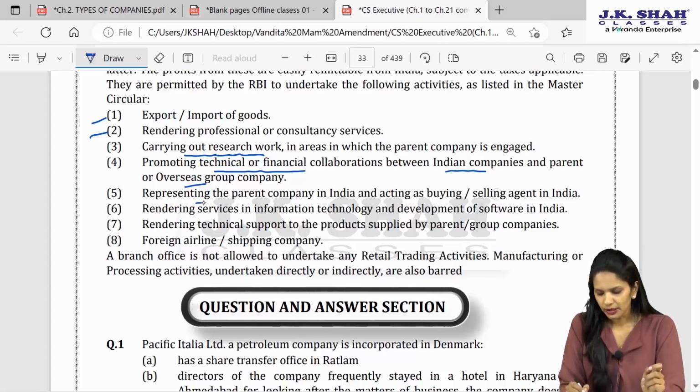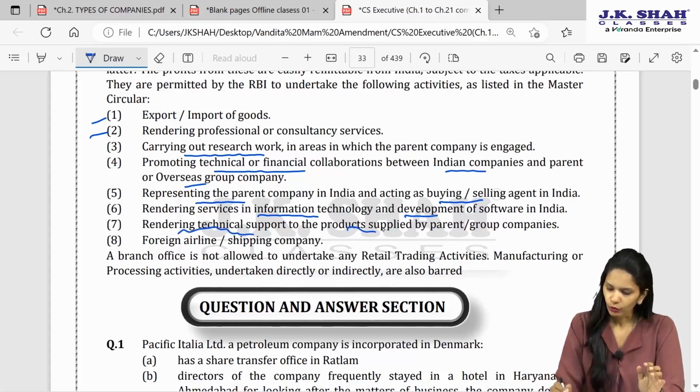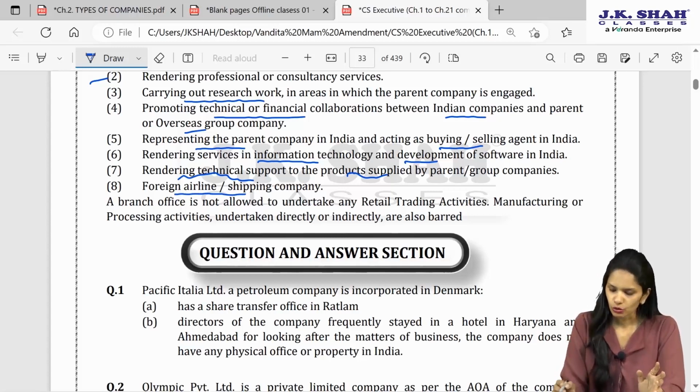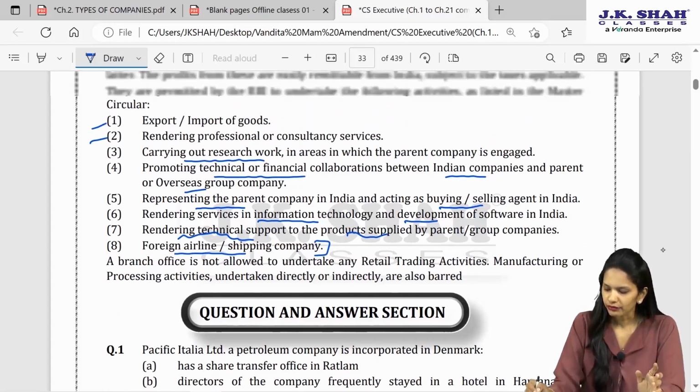It can also represent the parent company in India by becoming a buying or selling agent. It can also render various services relating to IT and development. It can also give technical support for all the products by the Indian company or the parent company. It can also start a foreign airline or a shipping company in India. So all these are the allowed activities.